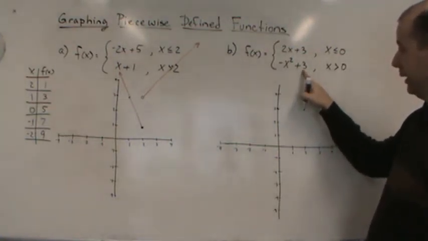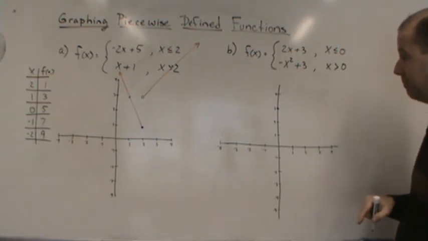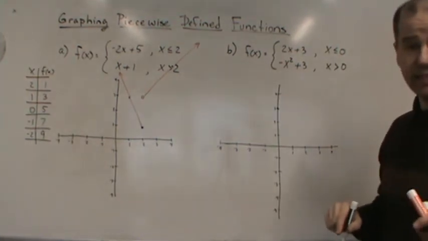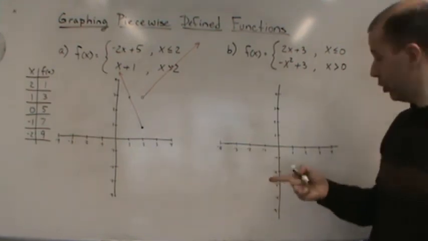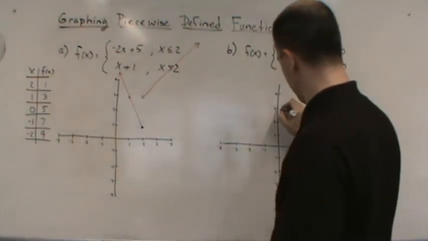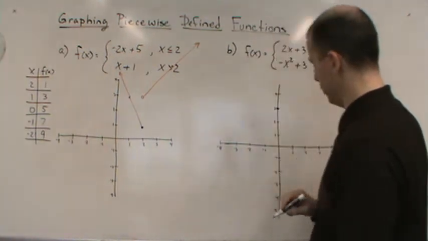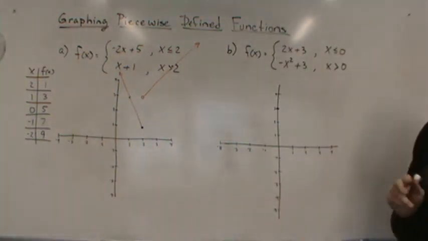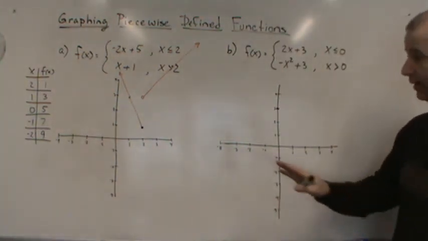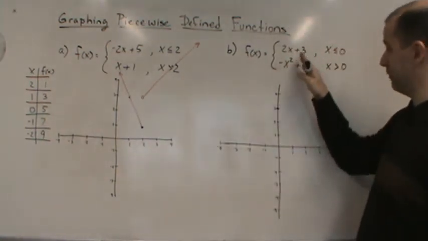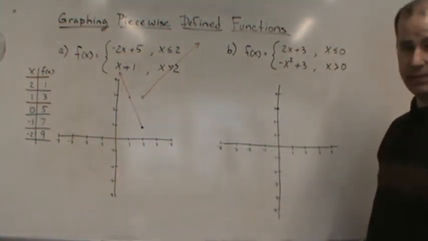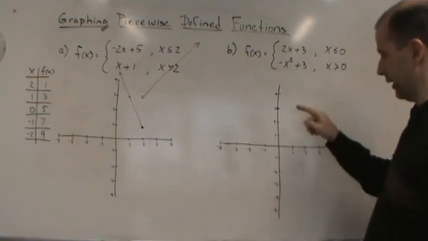You have 3 as well. So in this example, you get the same value. So this is going to be where they both meet. So there's no jump in this graph, unlike over here, where we had a jump. In this case, the value of both of the functions at 0 is the same. So we're going to have a point here.